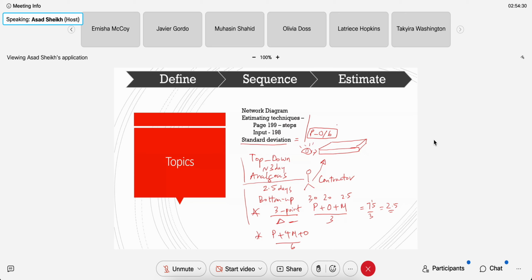So you got that one in case, there's a bunch of them, but this is the most used, the bottom up 3-point or triangular. But you can also use this one, and standard deviation you can also use that one, but this is the one that's preferred. Okay. All right, so that's that.